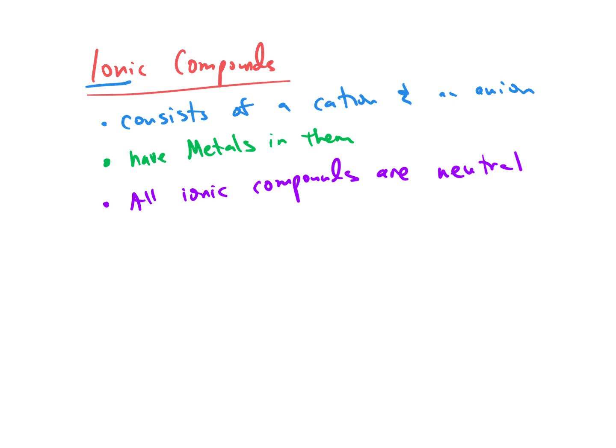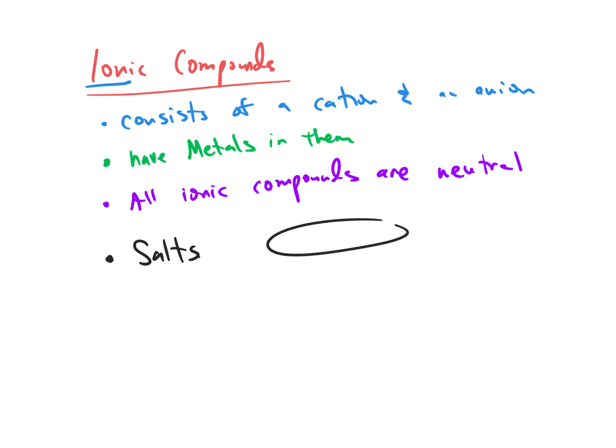Another name for ionic compounds is salts. The salt that we eat every day is specifically called sodium chloride. But what do we know about salt when you throw it in water? It dissolves, right?